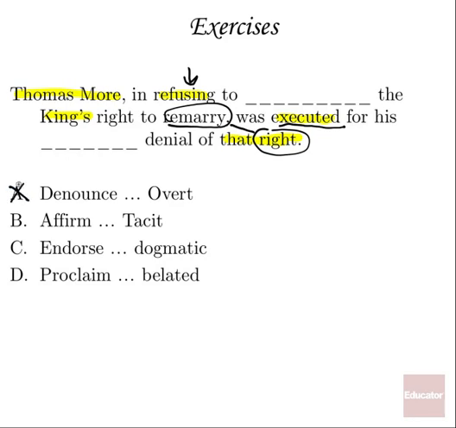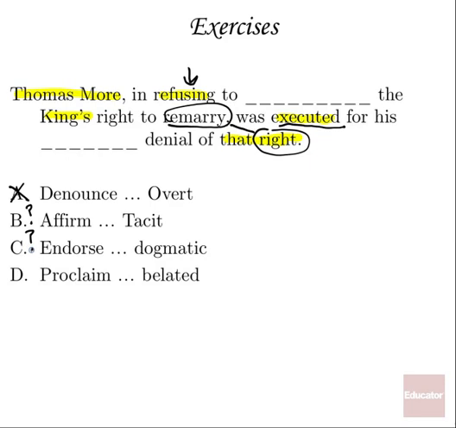What if Thomas More refused to affirm? What does affirm mean? Say yes. So, I think that's a possibility. Got in trouble for refusing to say yes. Did he refuse to endorse? What does endorse mean? It means to say yes.